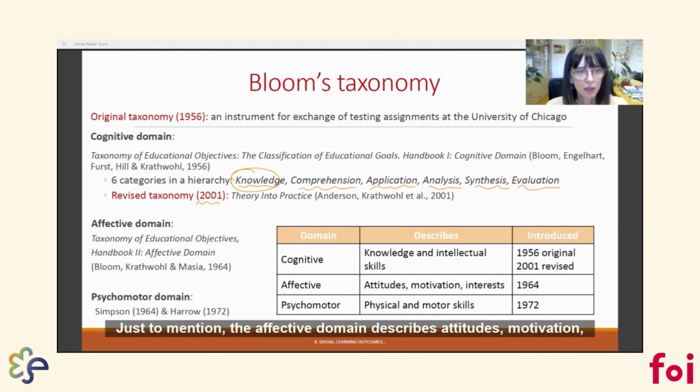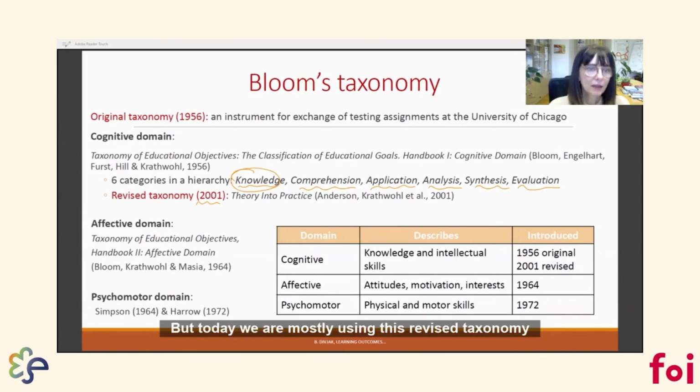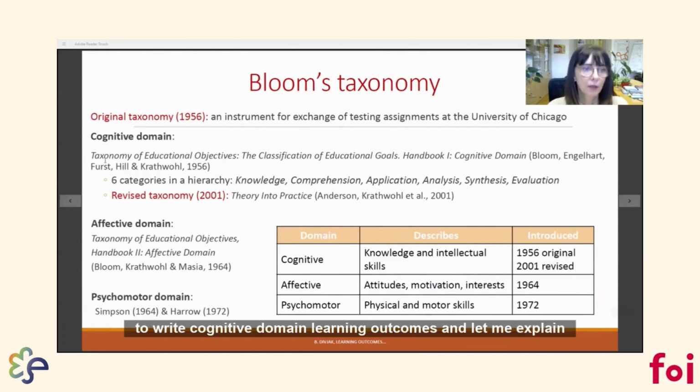Just to mention, the affective domain describes attitudes, motivation, and interests, and the psychomotor domain, physical and motor skills. But today we are mostly using this revised taxonomy to write cognitive domain learning outcomes.